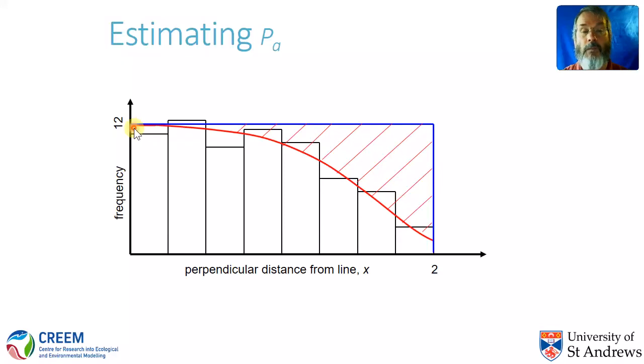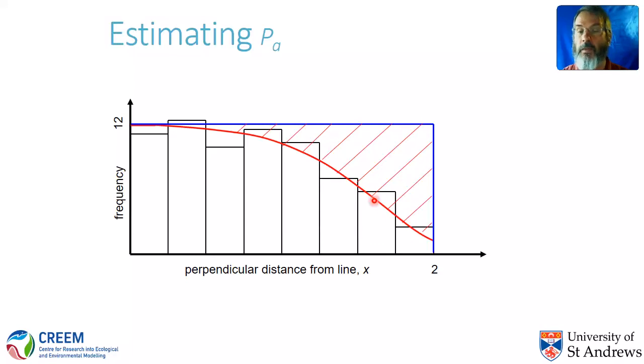Given that you've fitted this red detection function to the data, all of the area out here in this red striped region are animals that are missed. They're animals that live at 2 kilometers from the transect line. So they exist there, but you didn't detect them because they're harder to detect when they're far from the transect.